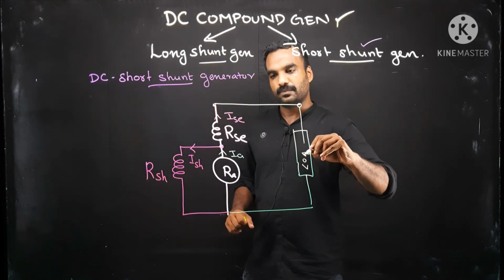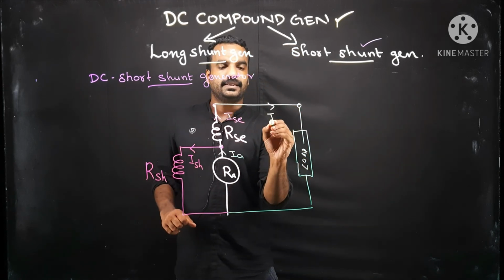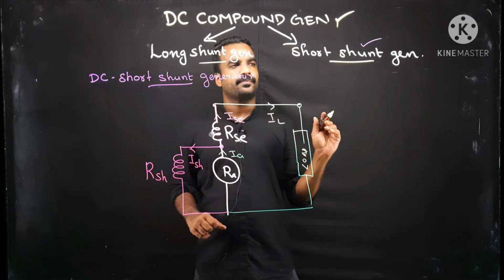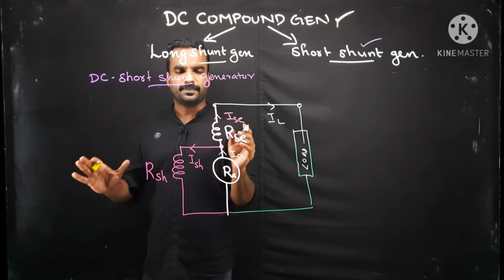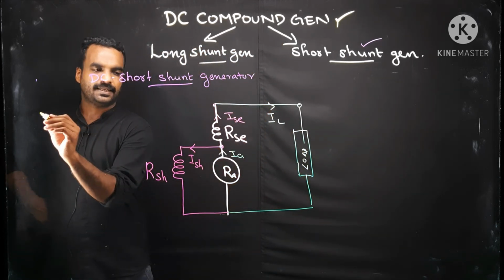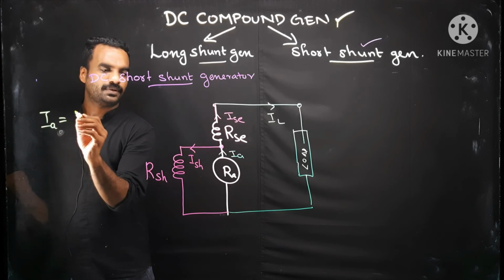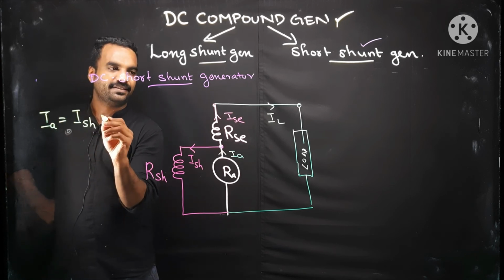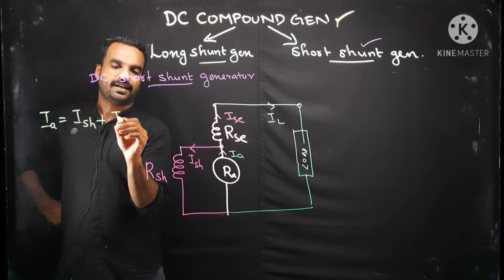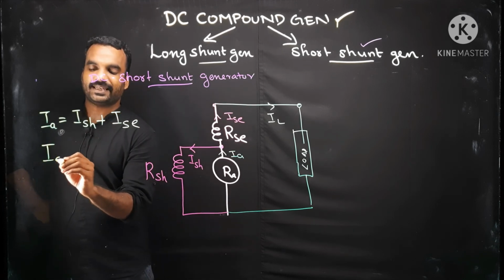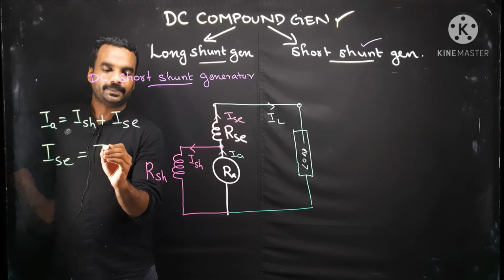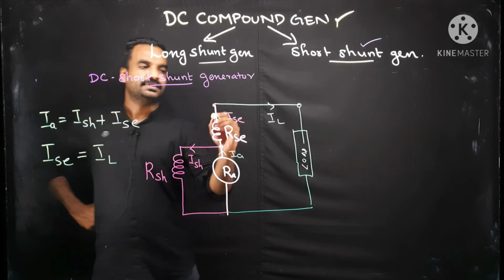This is load. ISC, IL, everything is same. Now we can write some basic current relations. IA is splitting into ISH and ISE. But we can see ISE is same as load current IL because this is a series path.